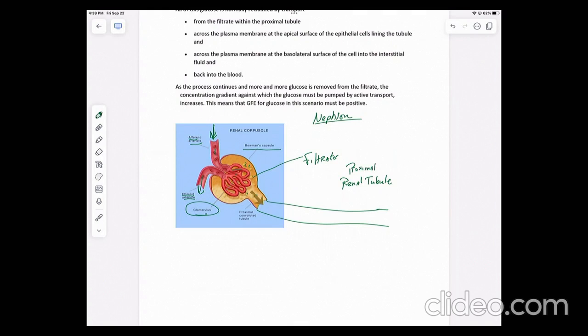The term proximal is used as in any other description of anatomy: proximal means closer to a reference point, and distal means farther away. Our reference point here is the glomerulus. So the proximal renal tubule is the part closest to the glomerulus. If there is a proximal tubule, you know there's a distal tubule somewhere downstream.